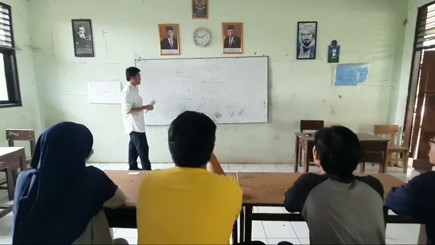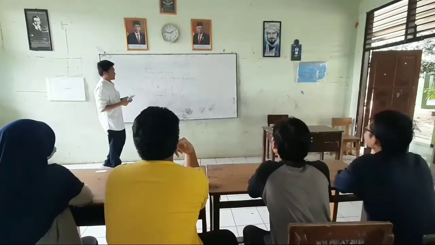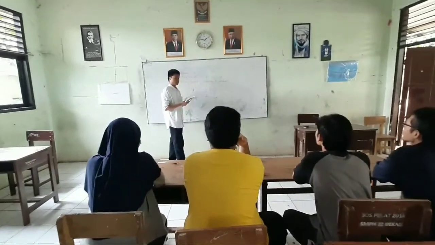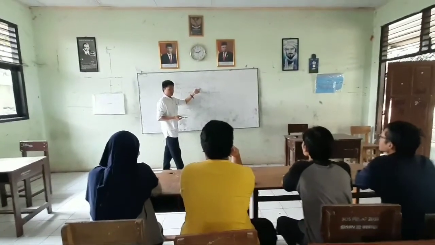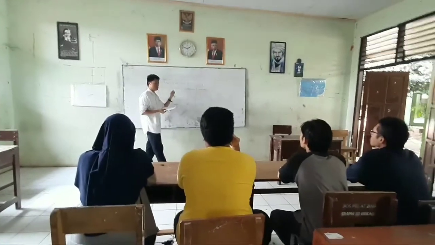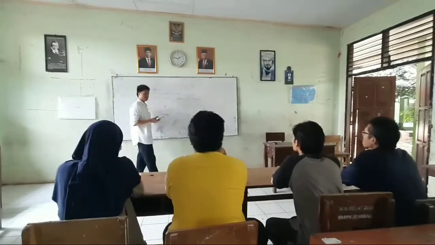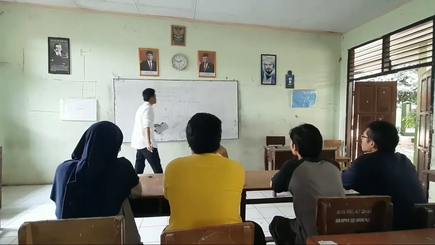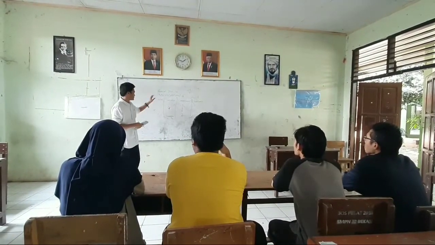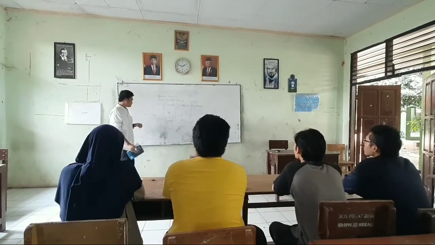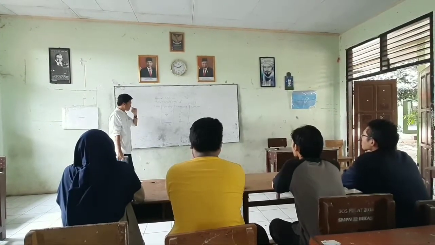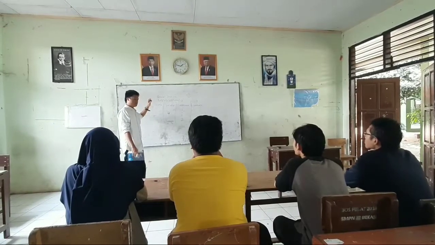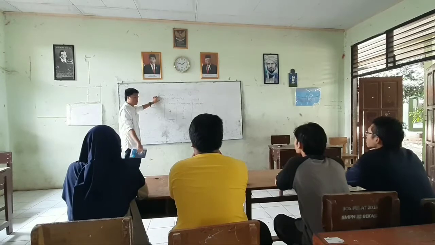Now the second one: if it contains a number without a word, then we call it a constant, because the value is still 3 and it does not change. So we put the constant in here: 3. We only have one constant in this structure. The second one is a variable. A variable is every word that is positioned after the number.